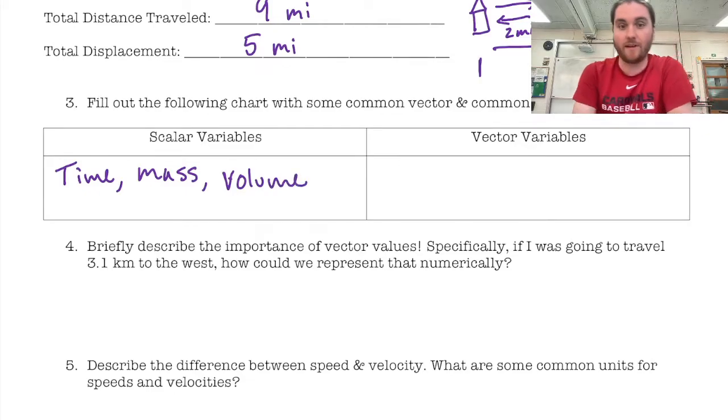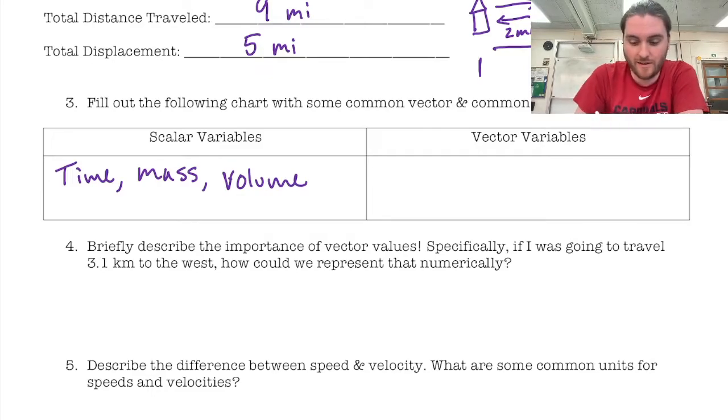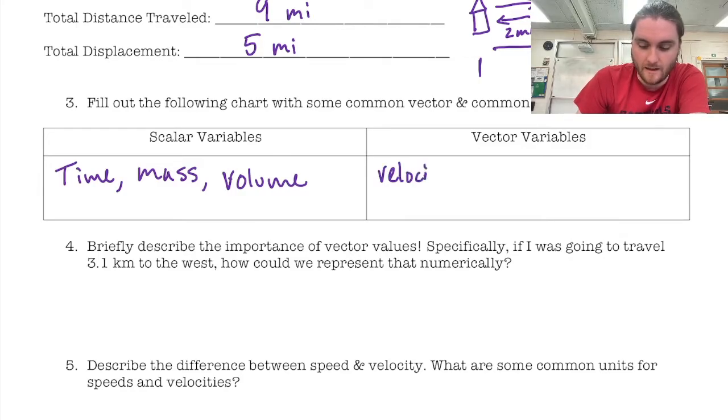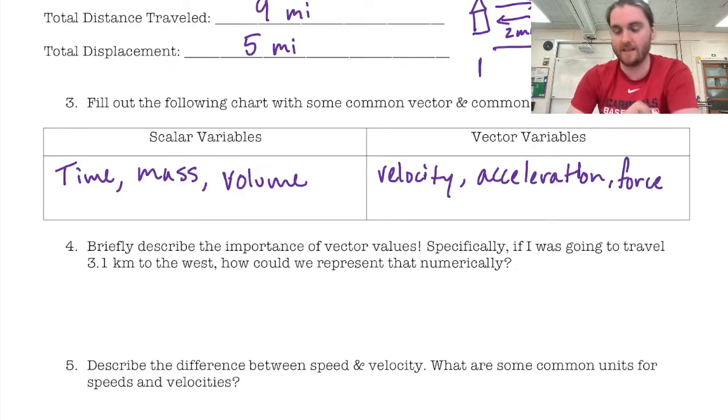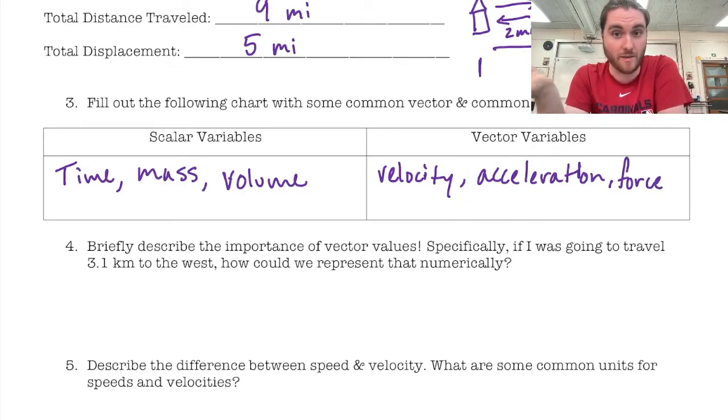They're different variables where there is absolutely no way in which direction can be associated with them. As opposed to vectors, which are things that do have a direction, like velocity, like acceleration, like force. They're all different ways in which you can immediately understand that the direction makes a big, big difference.